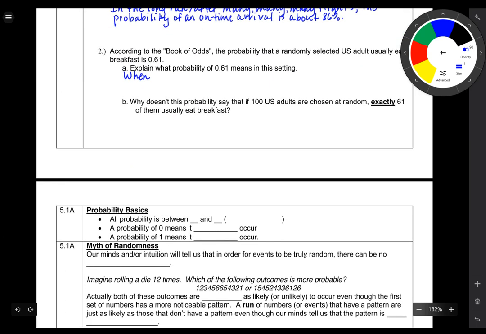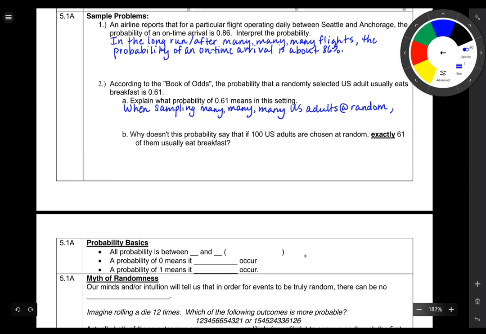When sampling many, many, many US adults at random, approximately 61% will eat breakfast.